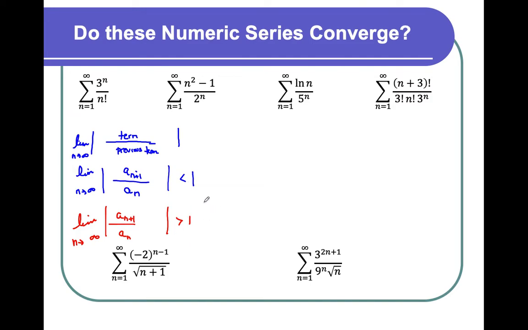The ratio test is inconclusive. It just means the ratio test isn't a good test to run. It means you need to run another test, a different test. Maybe you should have recognized something geometric, or maybe you should have recognized a p-series, or maybe you should have done a comparison test. If this ratio is equal to 1, the ratio test is inconclusive. Go do another test. That's annoying.